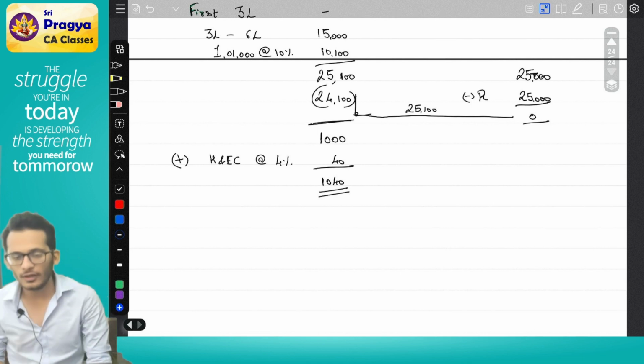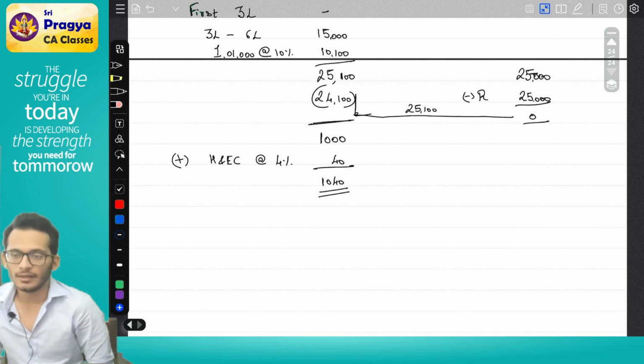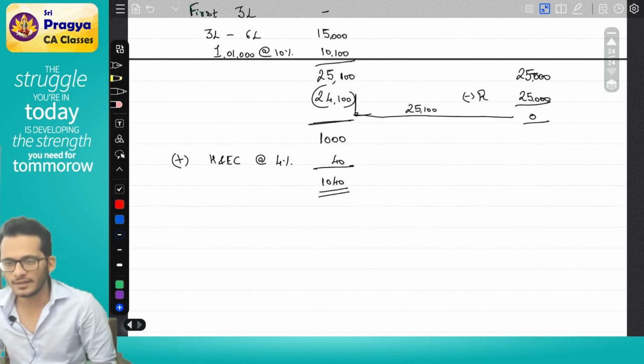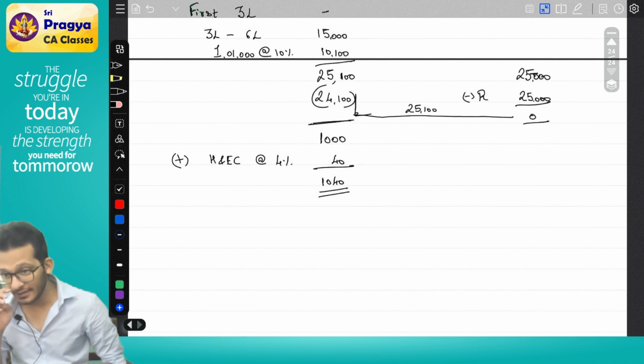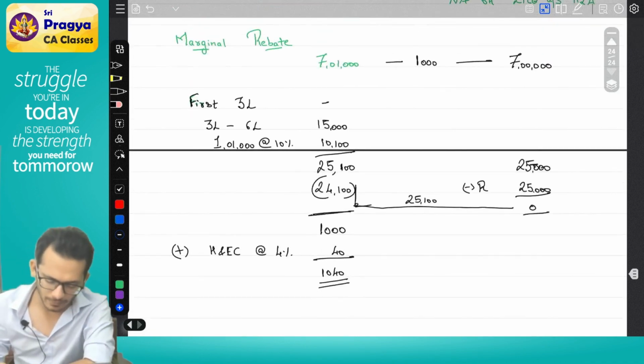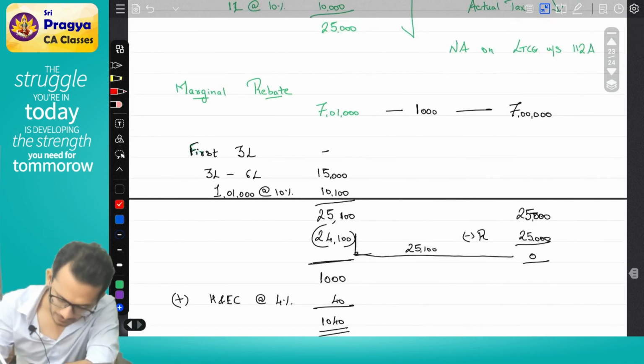This is called as marginal rebate. Same concept as marginal relief. The only thing to remember is marginal rebate is only there for 115 BAC.